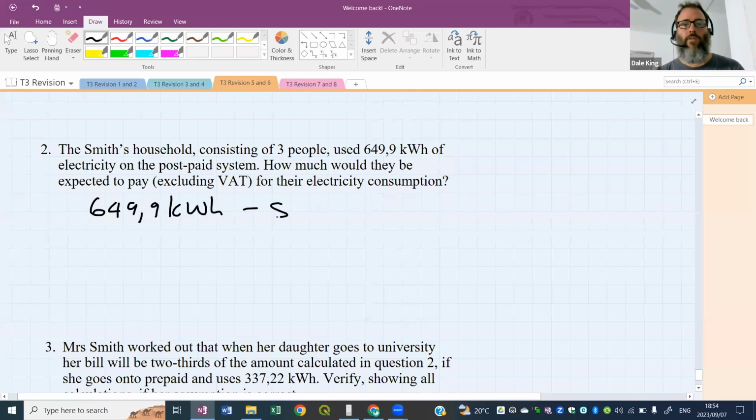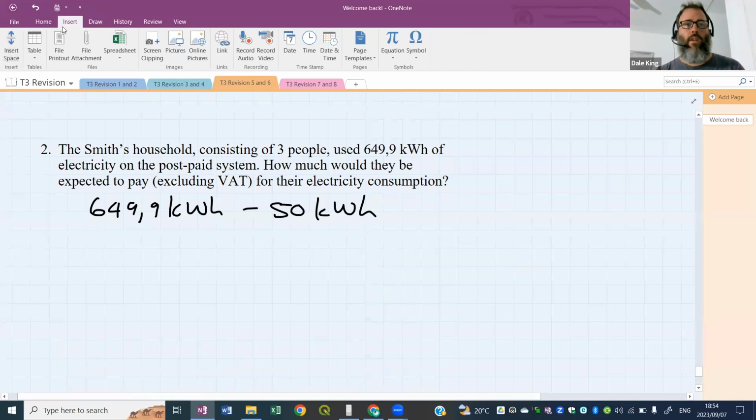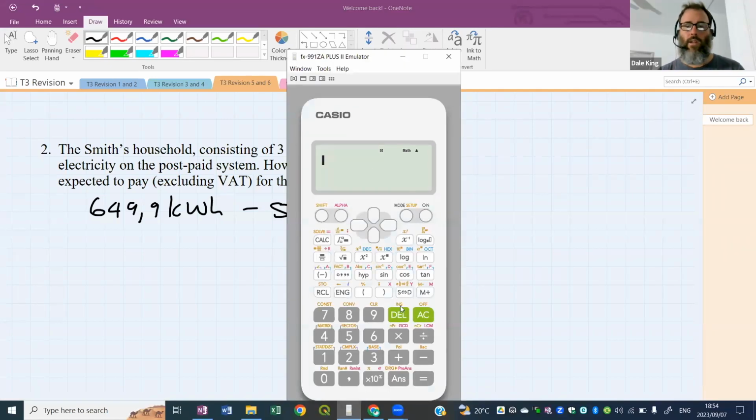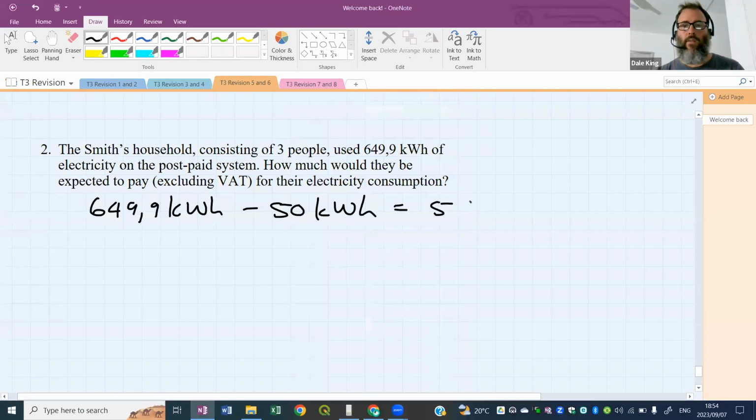I'm going to take away 50 because that's the first bracket, and then I'm going to charge that 50. By the way, how much do we have left? 649,9 minus 50 is 599,9 kilowatts.